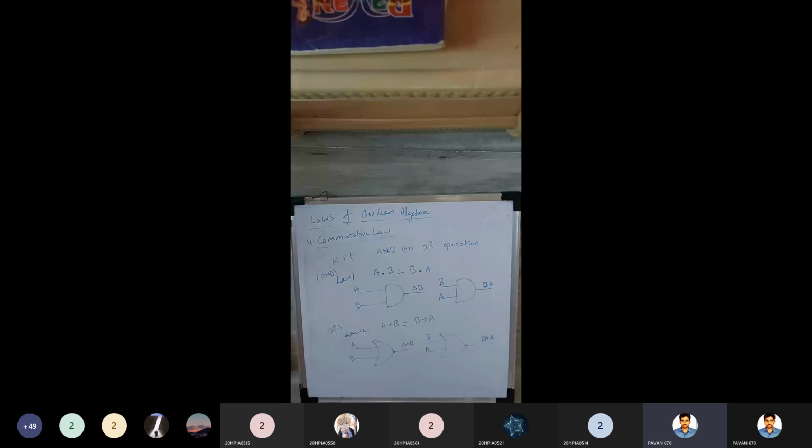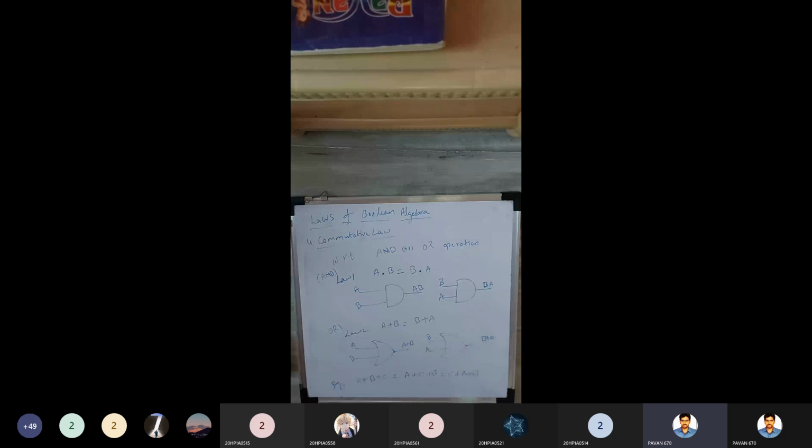What it is, it may not be limited to two variables. We can extend it to any number of variables. Suppose I am going for three variables in the OR version, let us say A plus B plus C. Then I can take it as A plus C plus B, equal to C plus A plus B, like that.